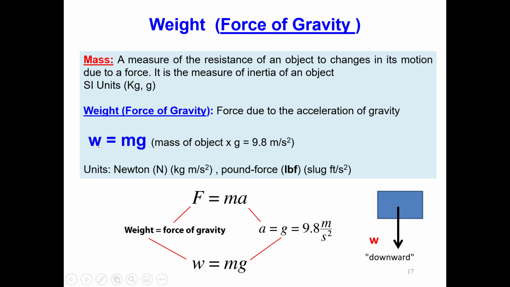And because weight is a force, the units for weight are the same as for any force: newton in the SI system or pound force in the English system. We got the definition of weight using the general equation for force, Newton's second law.